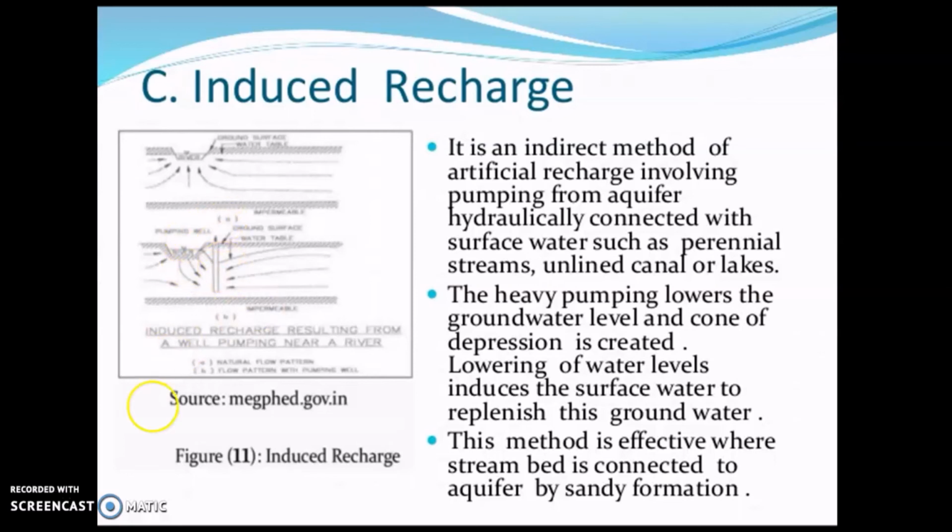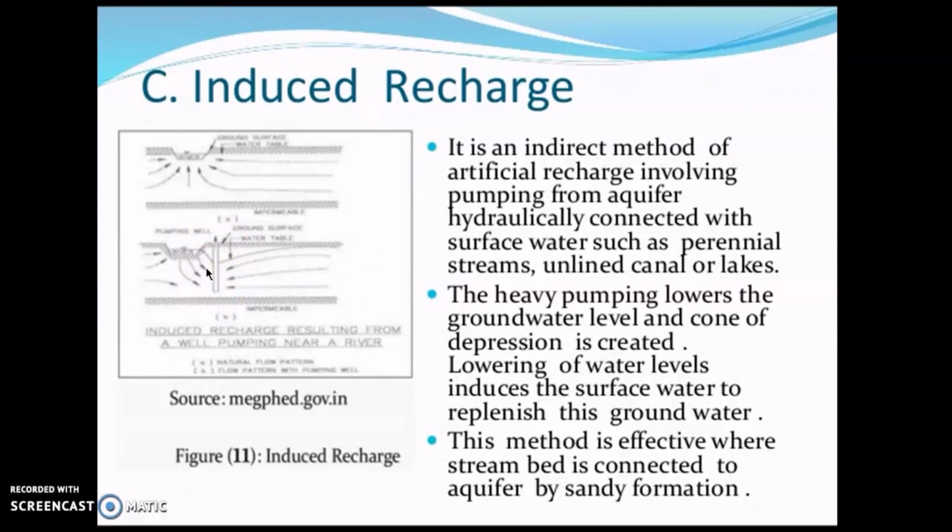We simply dig a small opening nearest to your canals. By this opening, we simply create a vacuum over here, right?